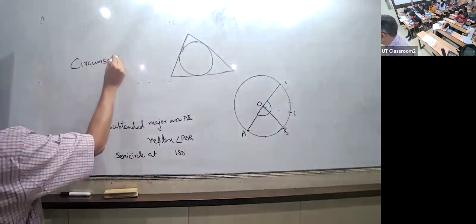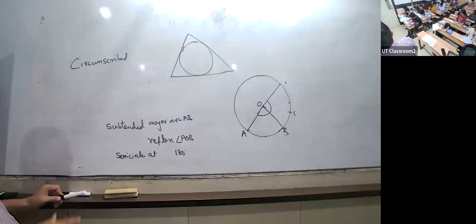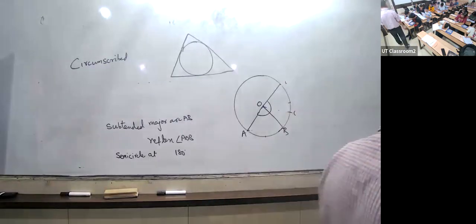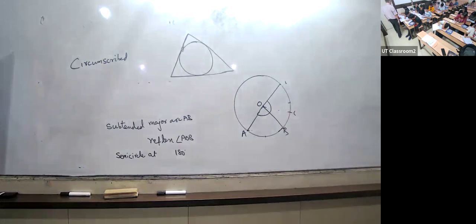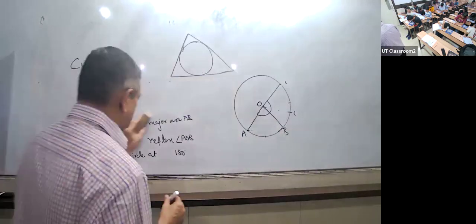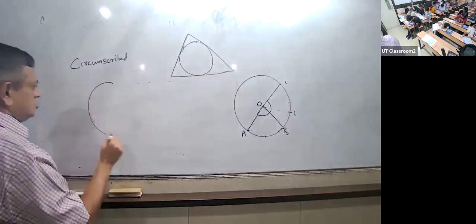A circle that passes through all the vertices of the polygon. Like here, this one.